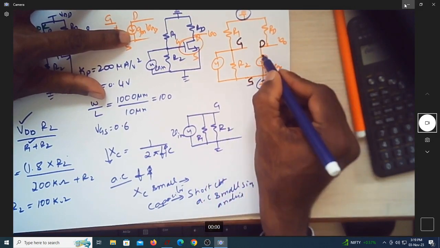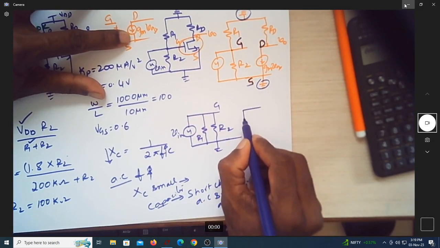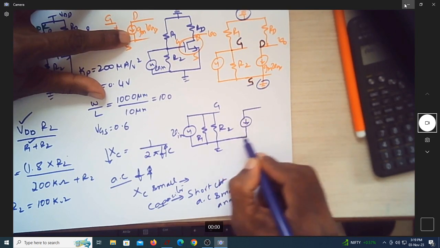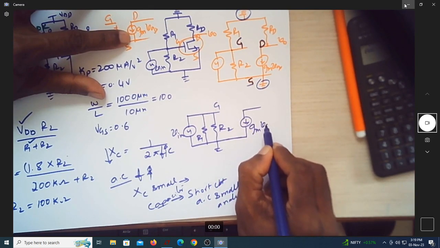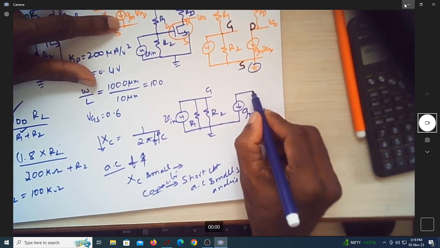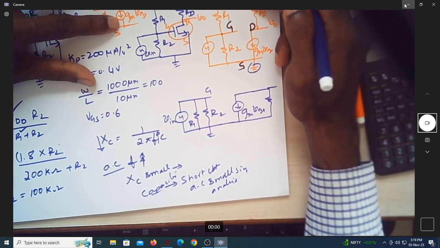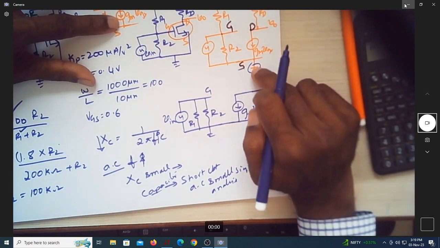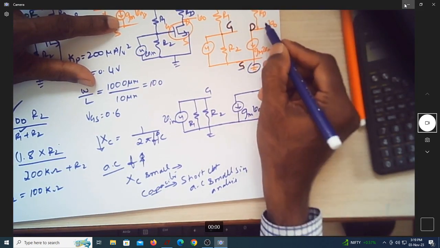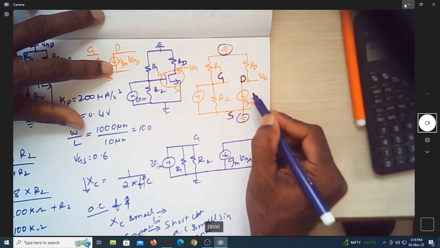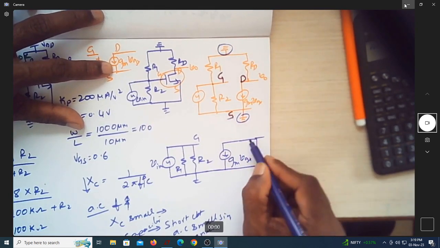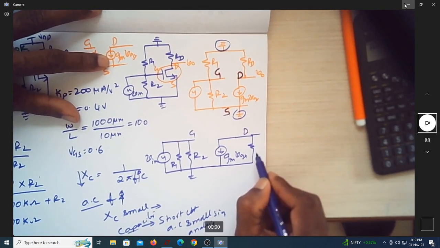Then I'll write the current source as it is. This is my current source. This is now gm into VGS. Can you see now this is coming down here. So this is the ground, that's the ground. Can you see this RD is connected between drain and ground. So this is again drain and ground. So this is RD.